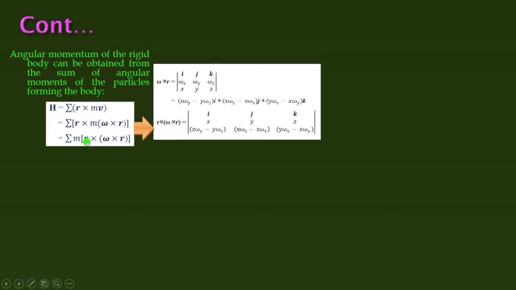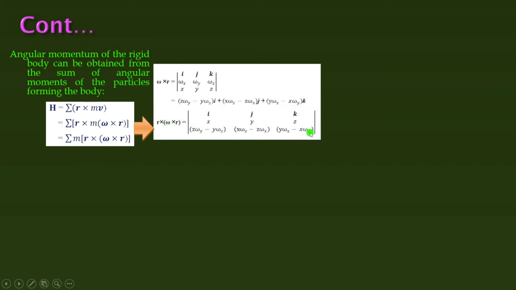Now this quantity r cross omega cross r is again the cross product of this r and this omega cross r. So again go through the cross product for the vector r, that is this, and the vector omega cross r that we have derived here.